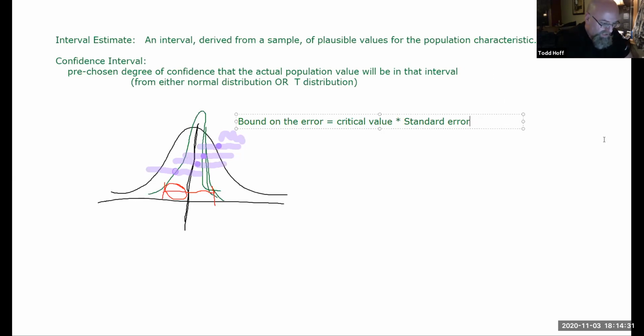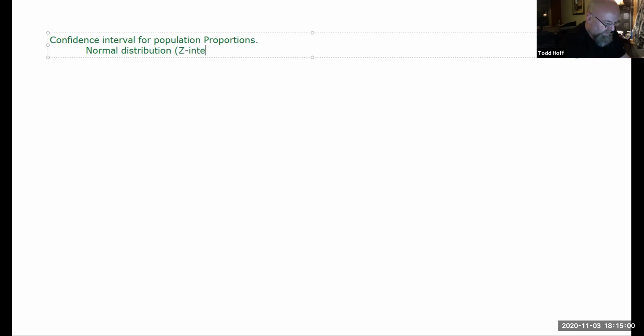So let's take a look. We're going to do population proportions first. Now, confidence intervals for population proportions always use the normal distribution. In other words, they're Z intervals.